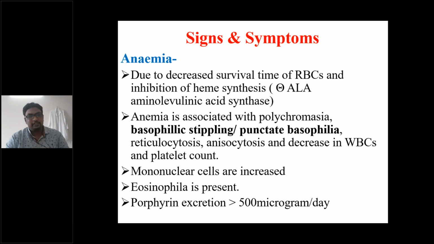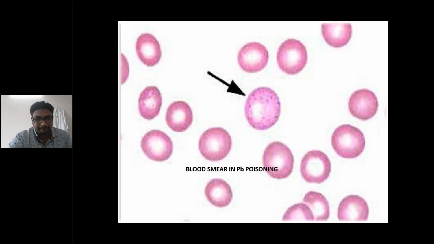Because heme synthesis is affected, the precursor products, the porphyrins, will be increased in the blood and excreted through urine, and these products can be seen as stipplings, called basophilic stippling or punctate basophilia. Very important: punctate basophilia, or basophilic stippling, is a feature of lead poisoning.